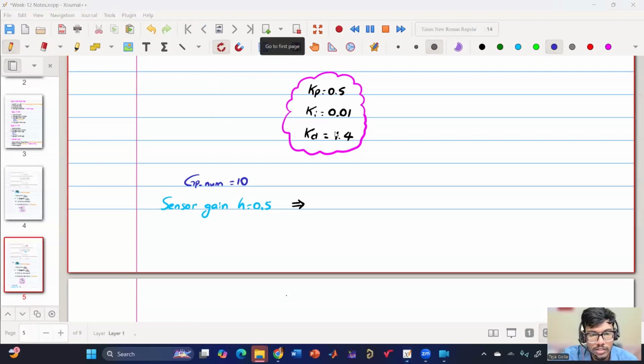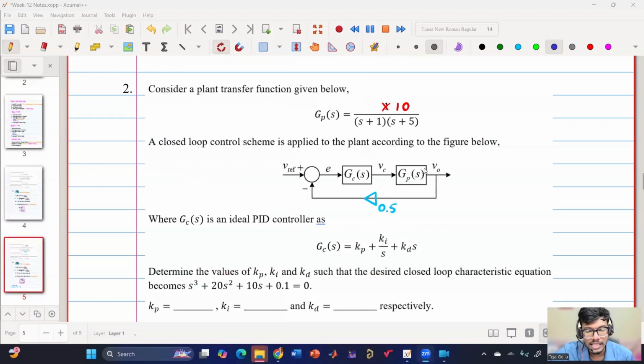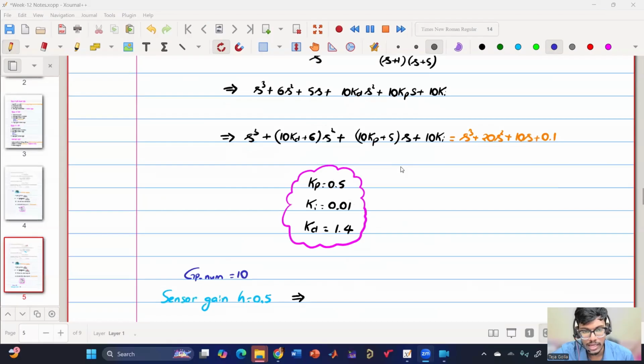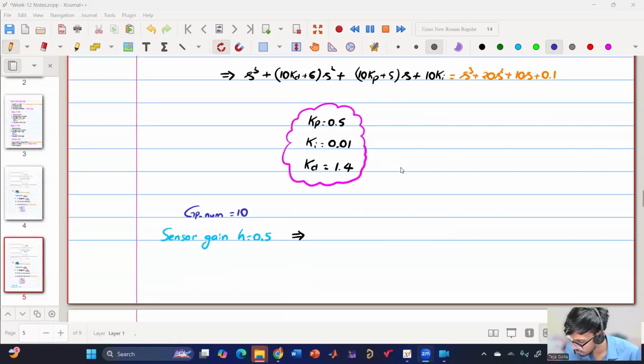So Riddhi is saying 1, 0.02 and 2.8. So how are we going to get those? Into 0.5 or divided by 0.5? Riddhi? So whatever is the gain in the loop, we have to divide the gains by that gain. Previously there is only 10, right? So now we have divided the gains by 10. Now if I'm adding an additional 0.5, I need to divide the gains by 0.5, right?